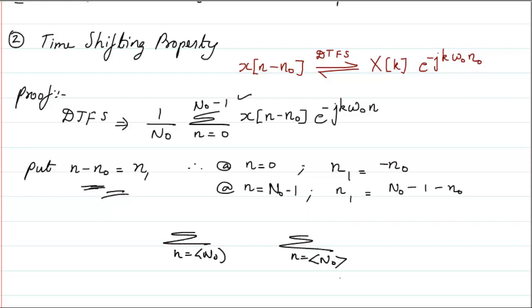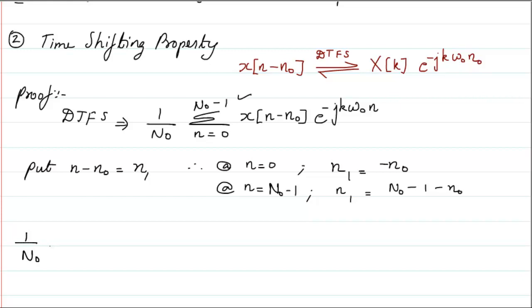Okay, why? Because even if I change the values, the limit changes, but the difference between them is still N0 itself. So now I will rewrite the above equation as 1 by N0 summation n within the period N0 x of, now n minus n0 I will substitute as n1, e raised to power minus j k omega naught n.